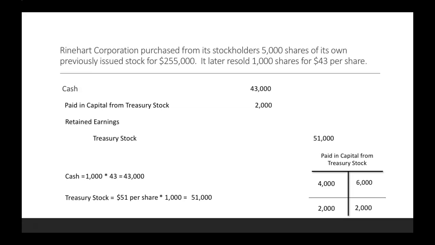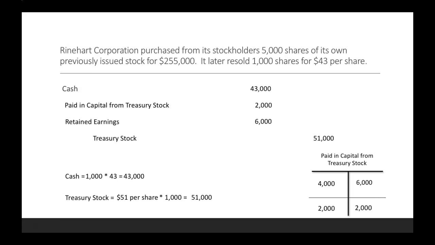But we still have this $6,000 that still needs to be put over on the debit side. That gets taken out of your retained earnings. So your retained earnings is going to be used for treasury stock transactions, dividends.